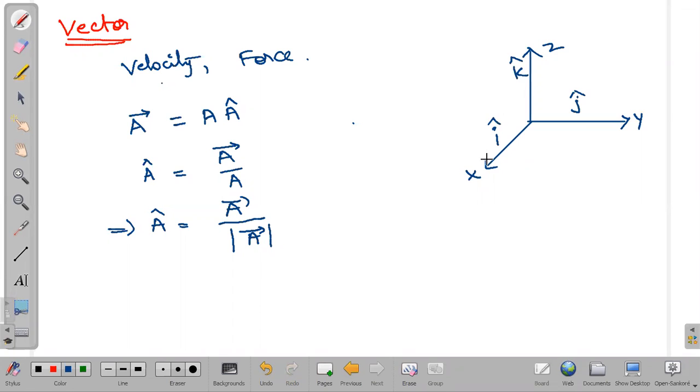Okay. Suppose, what does it mean? If we walk 2 meters along the x axis, what do we write? 2 i cap. Then after walking 2 meters, if we walk 3 more meters along the y axis, we write 3 j cap. This is our displacement vector, right? So this is how we represent a vector in terms of these orthogonal vectors.